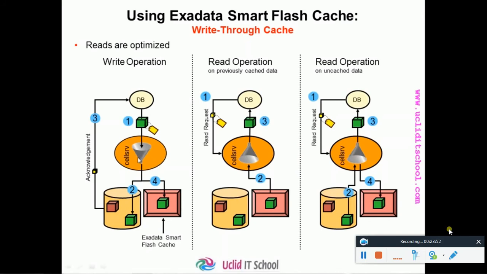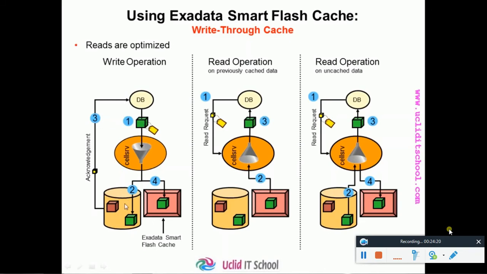Now the cell server writes this IO directly to the hard disk, not the flash storage. So that way the write is always directed to the hard disk. Once the write is done, it will acknowledge the database server.